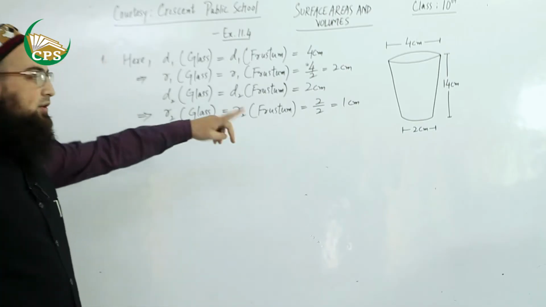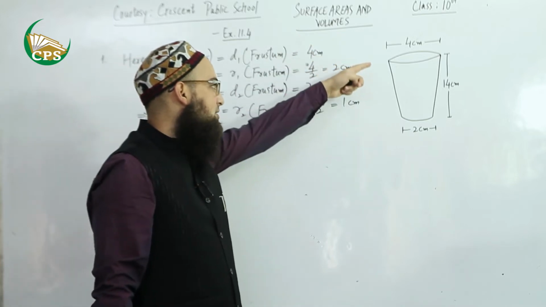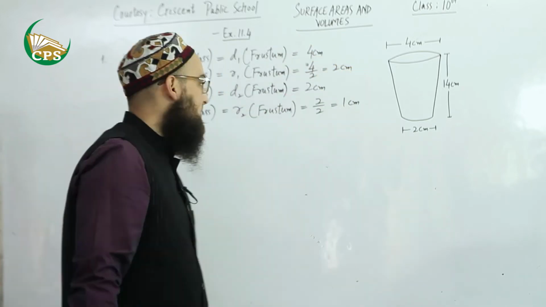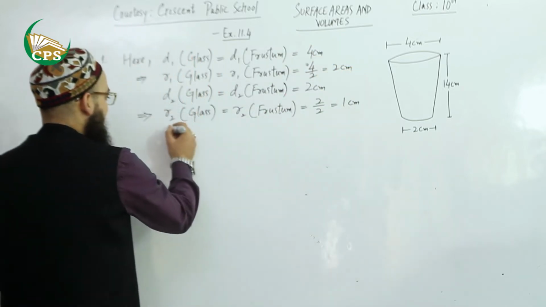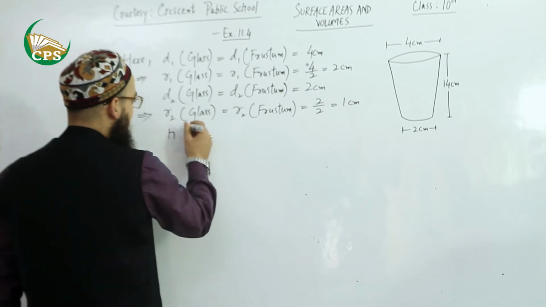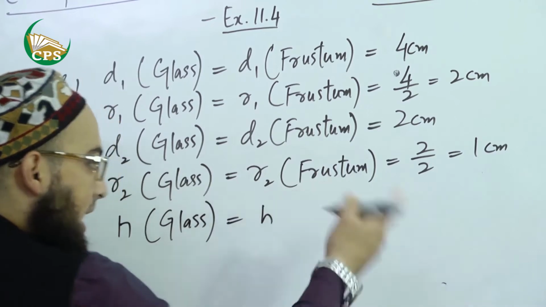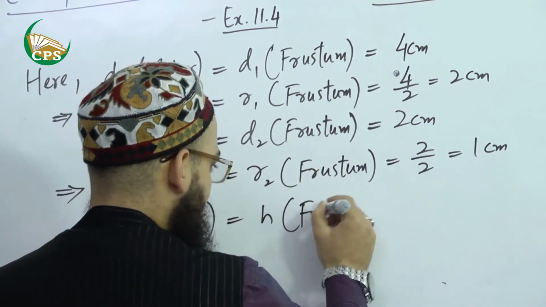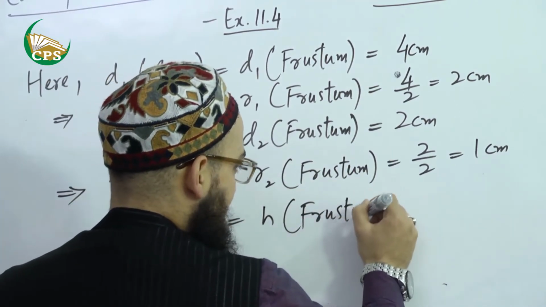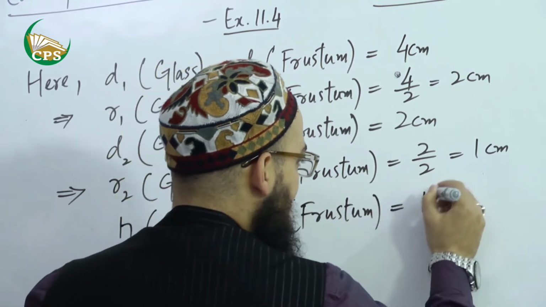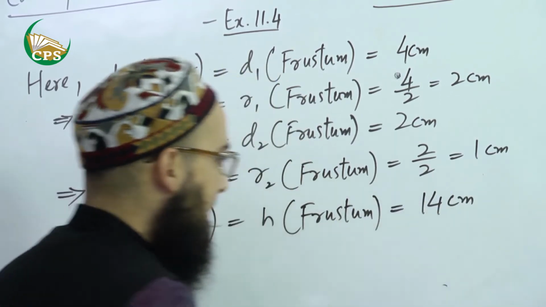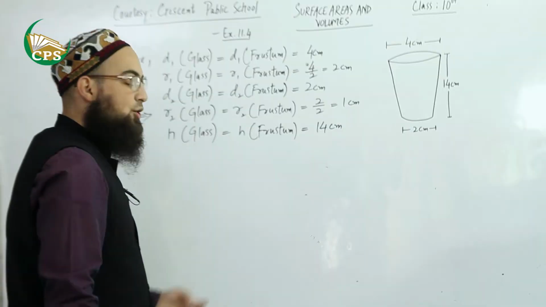So we have both the radii, upper radius that's 2 centimeter and the lower radius that's 1 centimeter. Also height is given, the height of glass, that is the height of frustum, that is equal to 14 centimeter. Got it? Now we need to find the capacity.